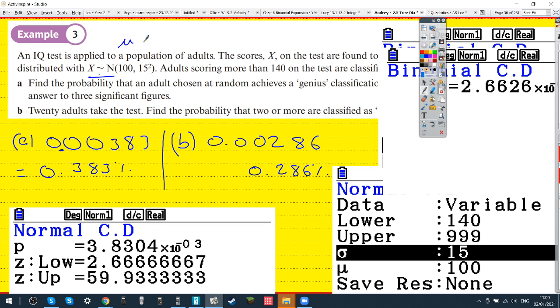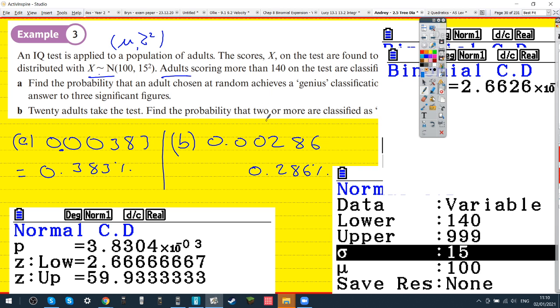Second number is square rooted to get the standard deviation, it's like deviation squared. 140 or more, so lower is 140, upper 999. That's the probability of one adult getting 140 or more. We wanted the probability of 2 out of 20 getting 140 or more, and that was binomial because they either get it or they don't.